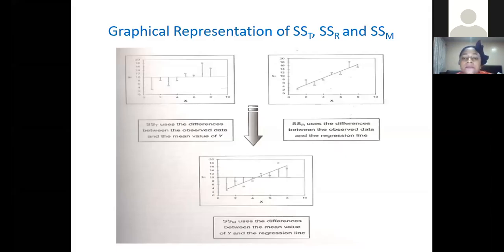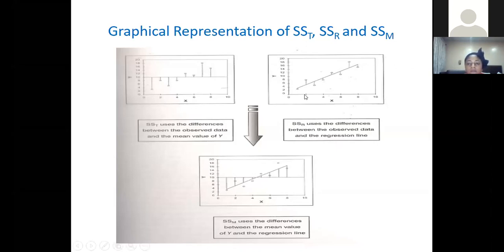What I've just explained is what you can see graphically in these three graphs. It's the same graph we have just shown, but the second one shows the regression line. If you look at it, what you join together, the difference between the predicted and the observed, is the error.